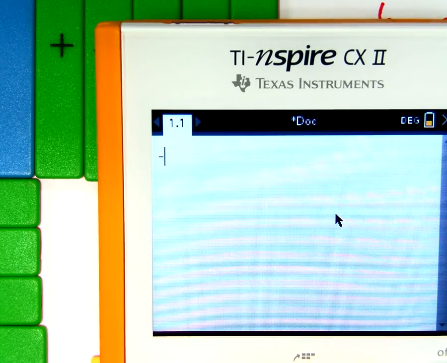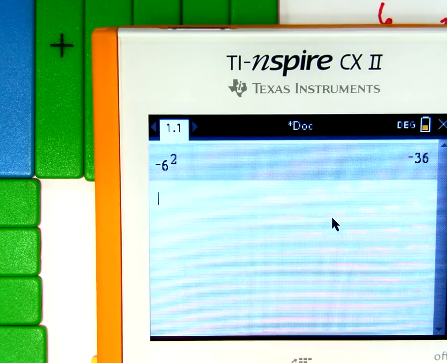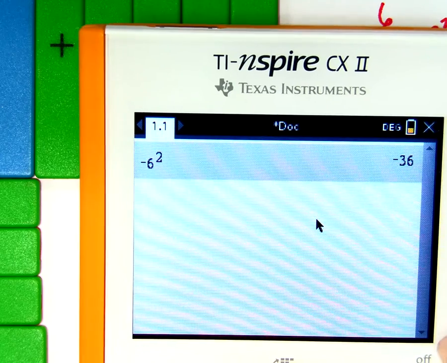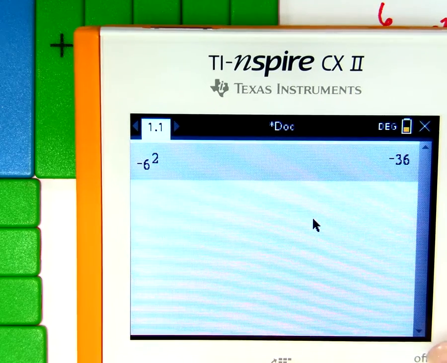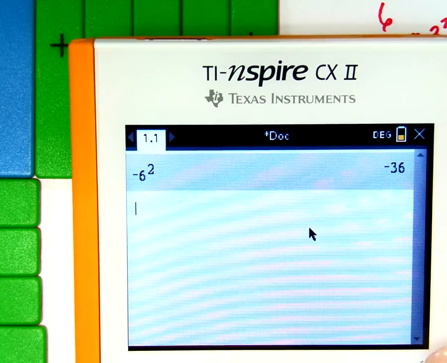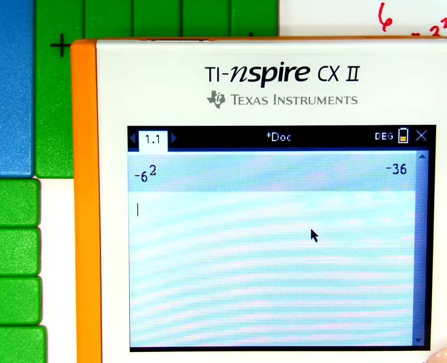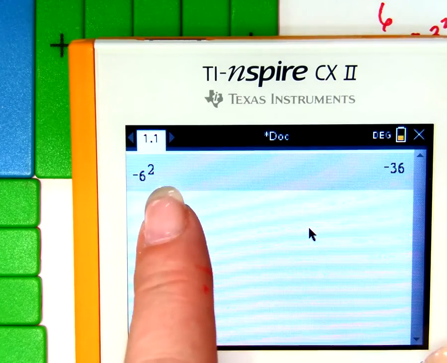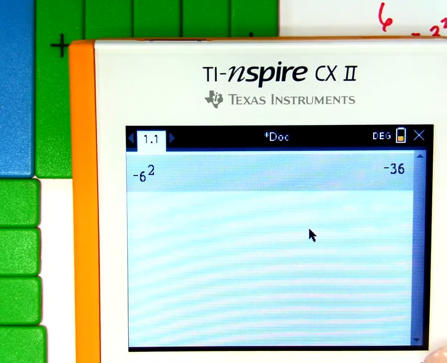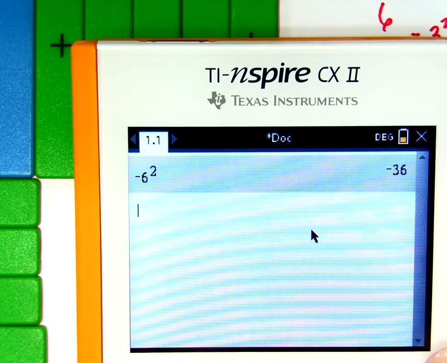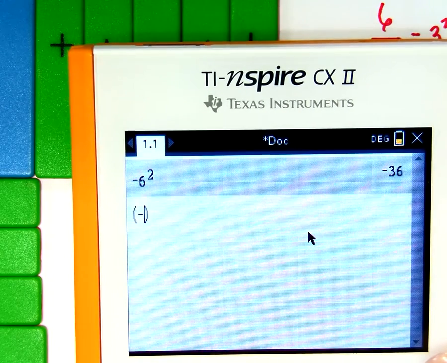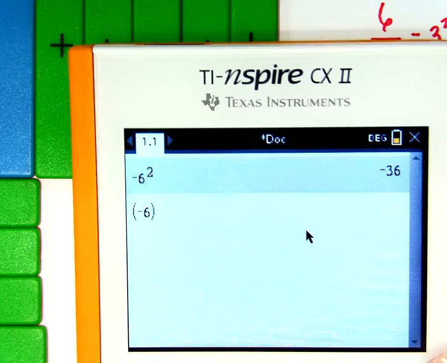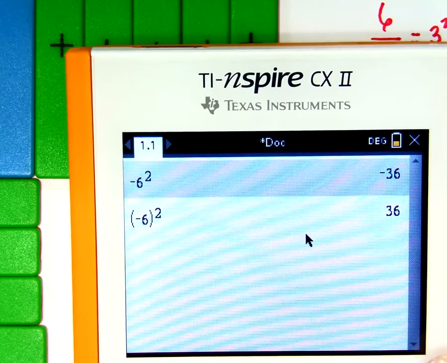Because if I say negative 6 squared, look what the calculator tells me. The calculator did exactly what I asked it to, because it does order of operations. It squared the 6 and then multiplied by a negative. Is that what I wanted it to do? I wanted it to square a negative 6. That's what I wanted it to do.